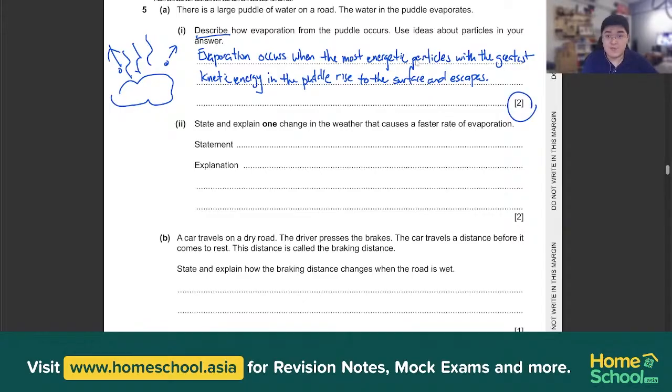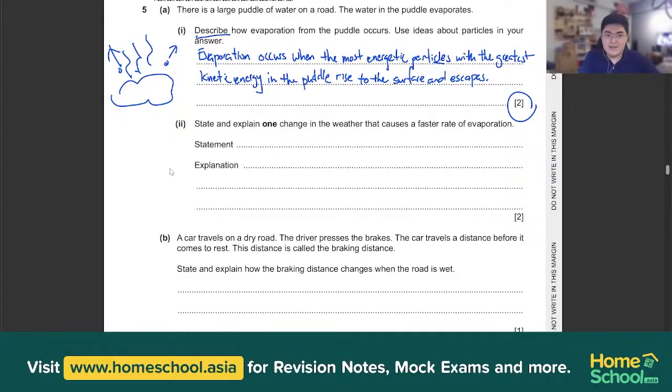The first one is most energetic particles with the greatest kinetic energy. The second point is it will have to rise to the surface and escape. 2 marks, 2 valid points. All good? All right, let's move on to 5A part 2.